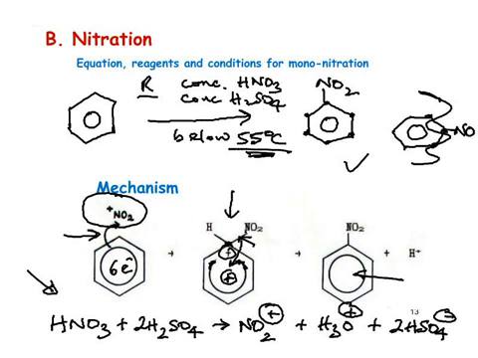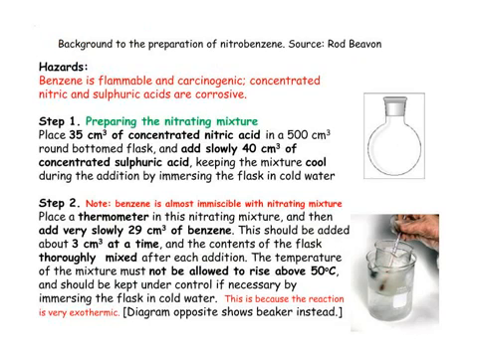This hydrogen's come off without its electron, it comes off as a H plus, which is what we see here. But of course that H plus then can combine with the HSO4 minus to give us back the sulfuric acid. So in that sense, the sulfuric acid is behaving as a catalyst in helping nitric acid generate the important electrophile, the NO2 plus ion.